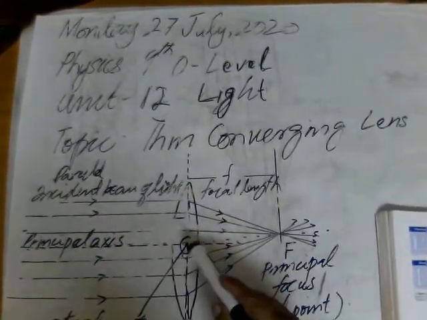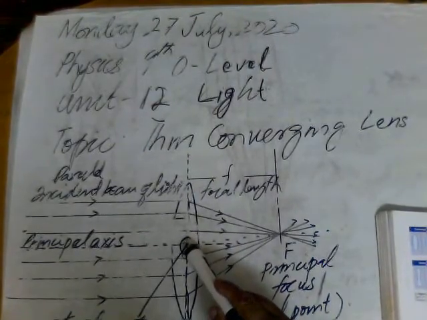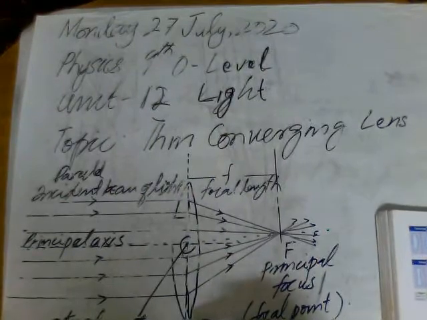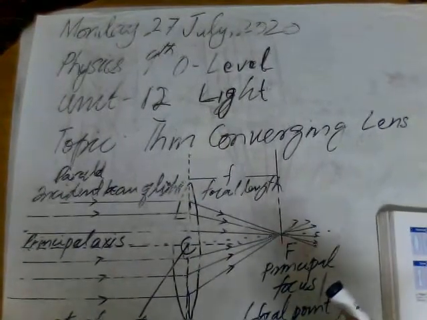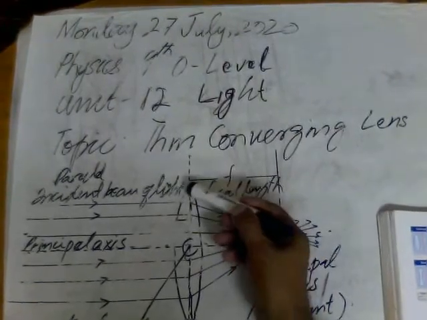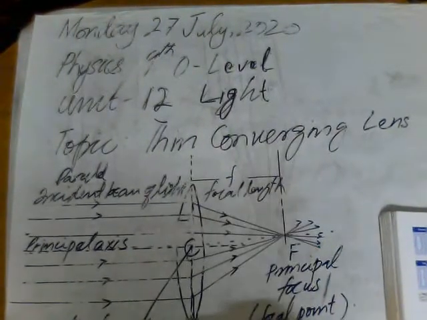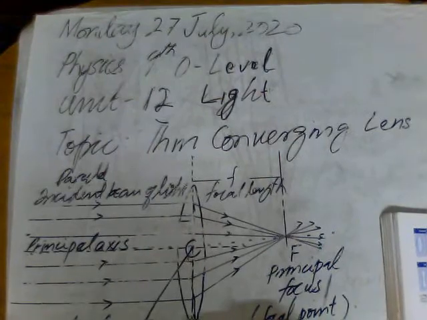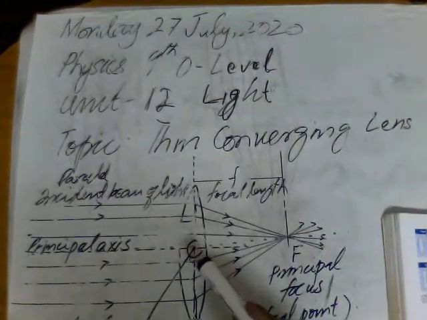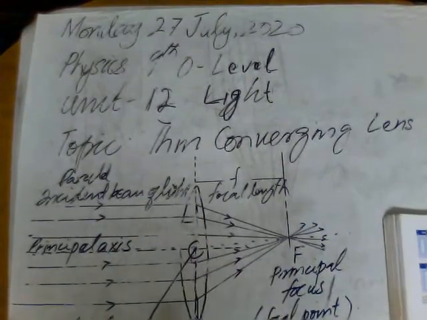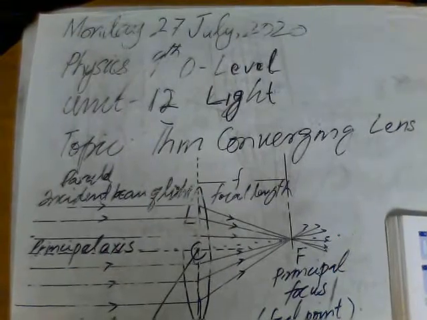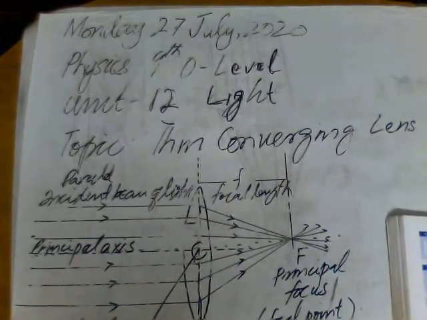Here the lens looks oval in shape, but actually it is plate-like: thin or bulging at the ends and thick at the center. So actually this is a glass lens, a spherical lens.